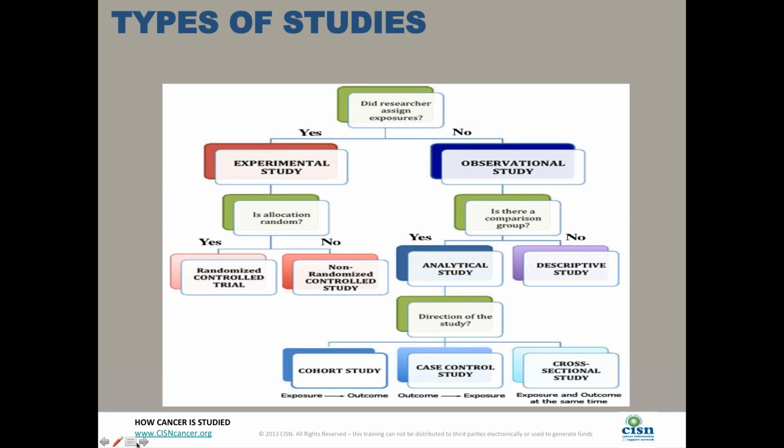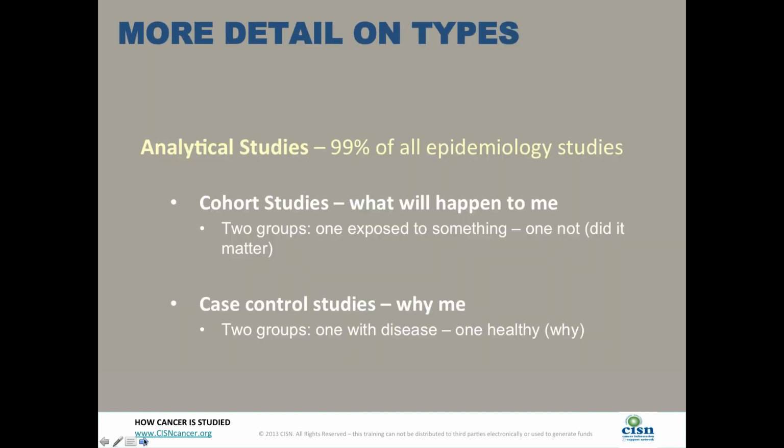Almost all of them are analytical and observational, 99% of them. And again, in the cohort, two groups, one is exposed to something and one was not exposed to it, and did it matter? In the case control, it's why me? There are two groups, one with the disease and one healthy, and you're asking why.